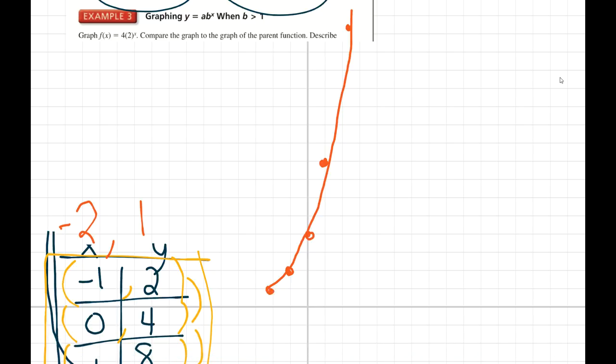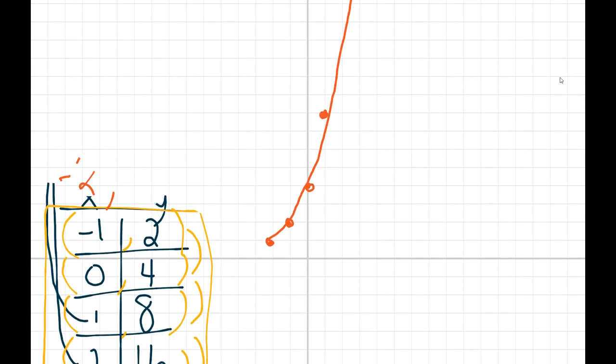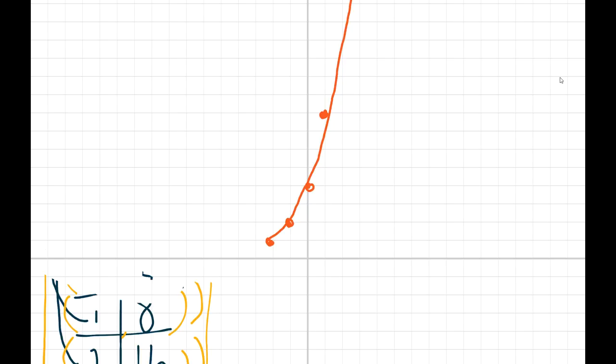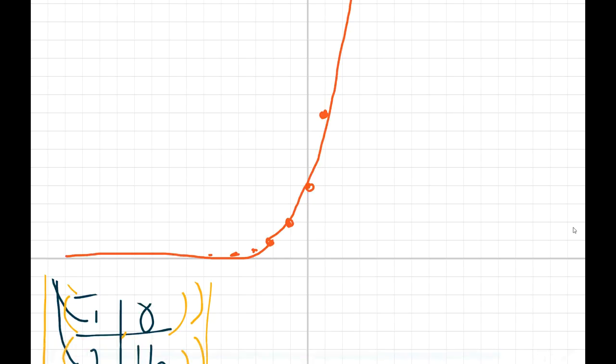You've got a dot here. And actually what happens, if I was to keep going, I'm going to erase our ordered pairs here, you're going to get closer and closer and closer to 0, but you're never actually going to get there. So it's going to be here, here, here, and it's just going to keep creeping towards that line, but it's never actually going to cross it.